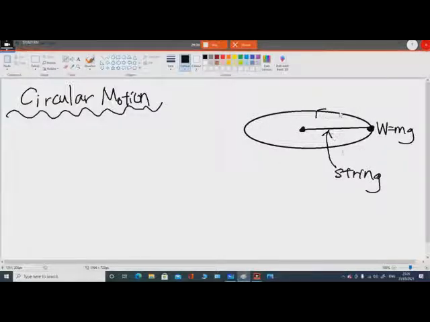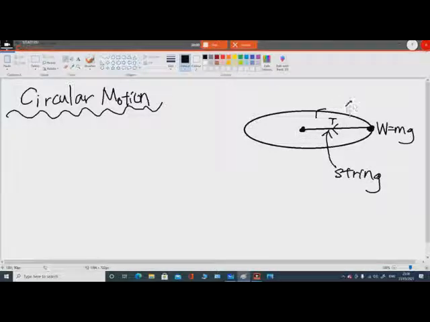We know that when the object undergoes circular motion, there will be a tension between us and the object. The string will produce the tension.